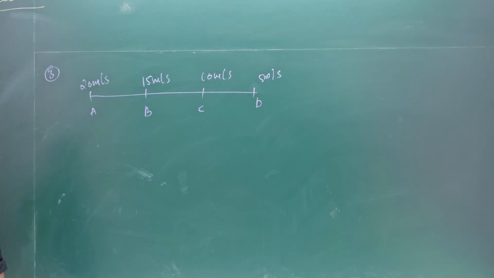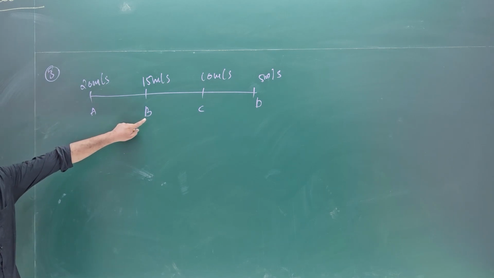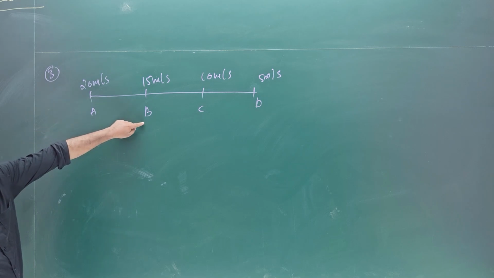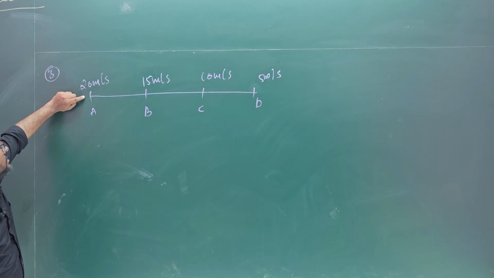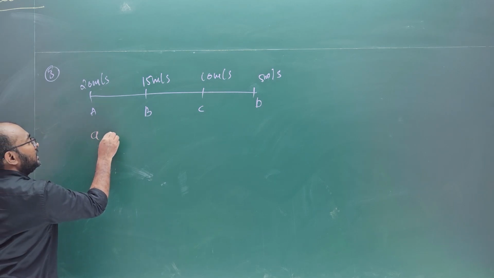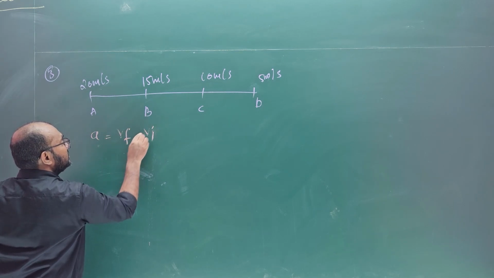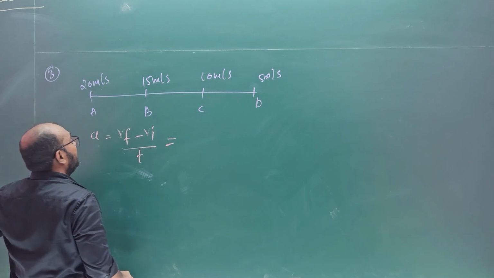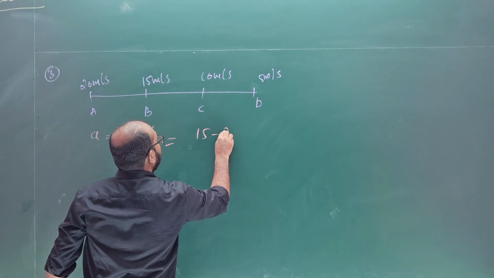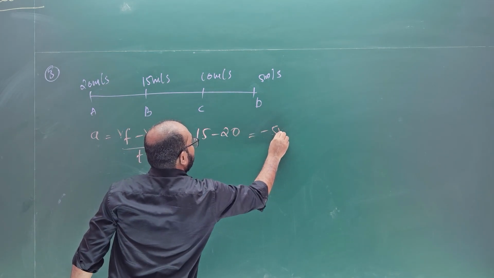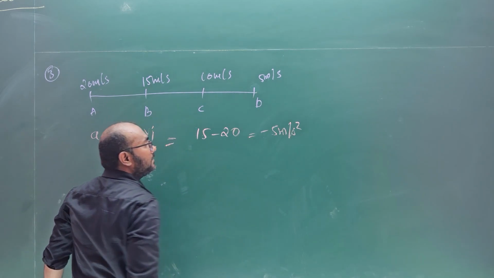Velocity is increasing or decreasing? Decreasing. Okay, what is the final position? 15. Final velocity is 15 meter per second, and initial velocity is 20 meter per second. If I substitute this in equation, a is equals to v final minus v initial upon time, can I say that 15 minus 20, that is equals to minus 5 meter per square second?